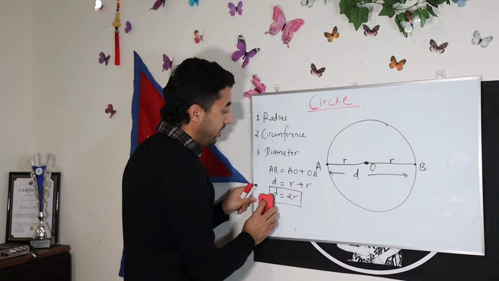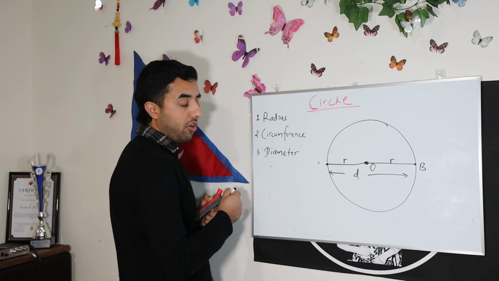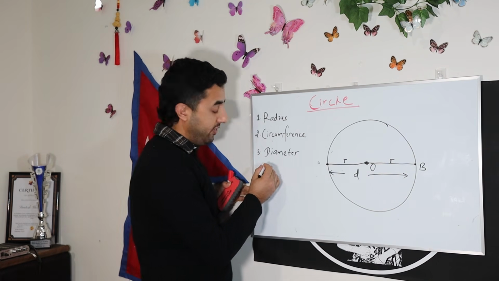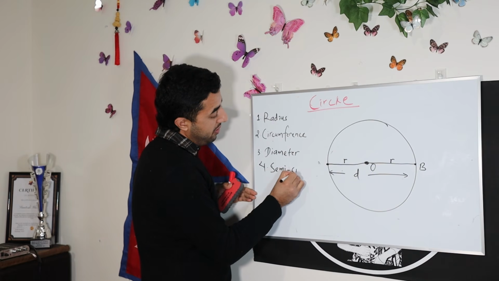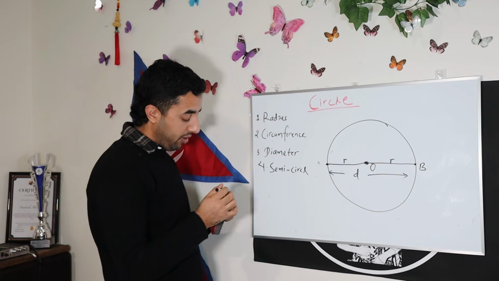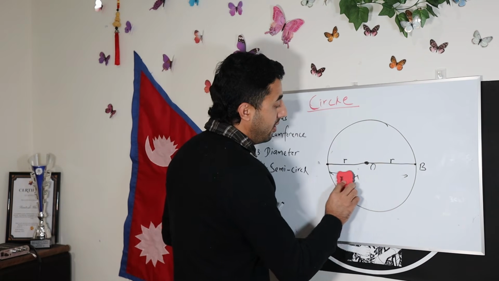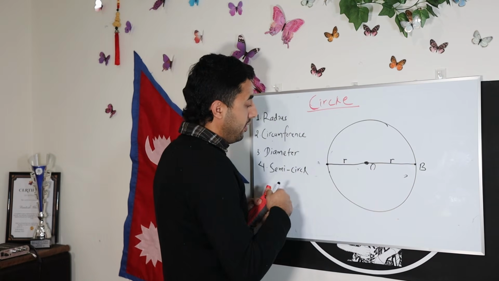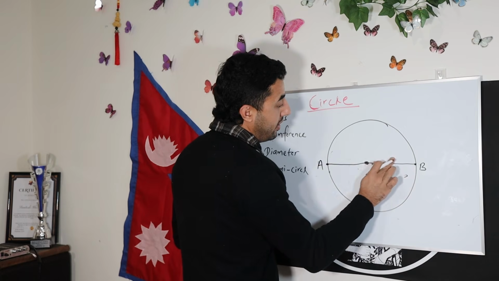Let's learn more, okay? So let's learn about the semicircle. What is semicircle? Semicircle means half of the circle cut by the diameter. This AB is the diameter of the circle.